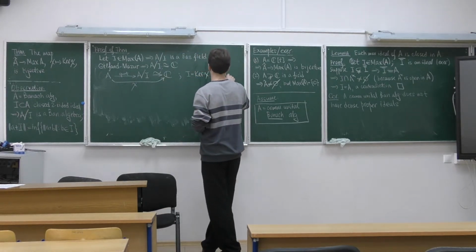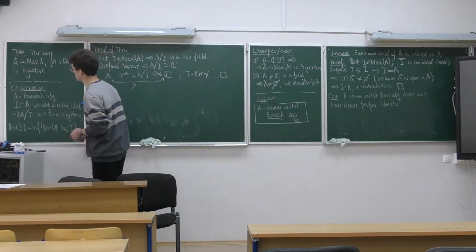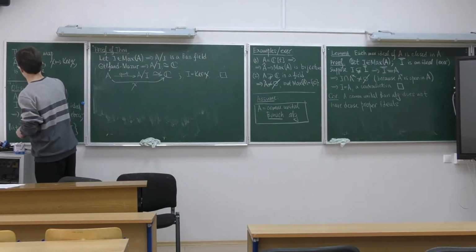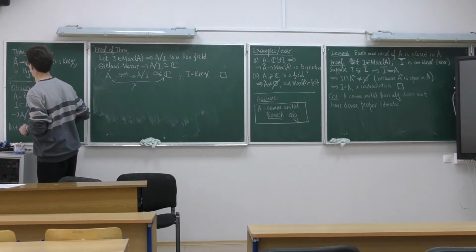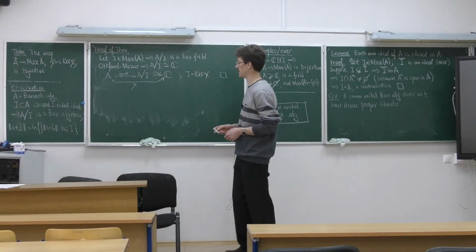And this completes the proof. So we already know that this map is always injective, and now we have proved that it is actually bijective, provided that A is a commutative unital Banach algebra.